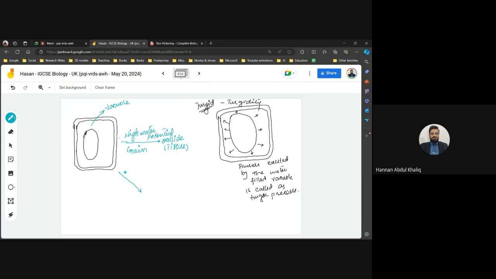Suppose that the water potential, from now I would be writing the water potential as WP. The water potential outside is equal to inside. It means there is no net movement of water.